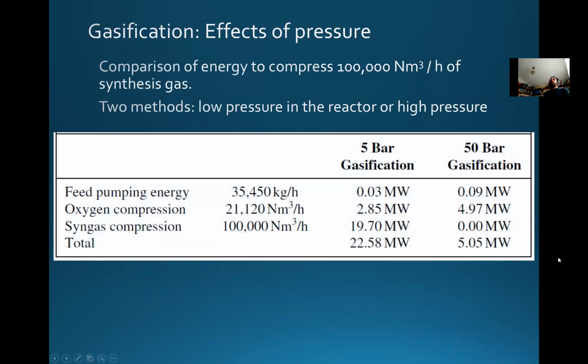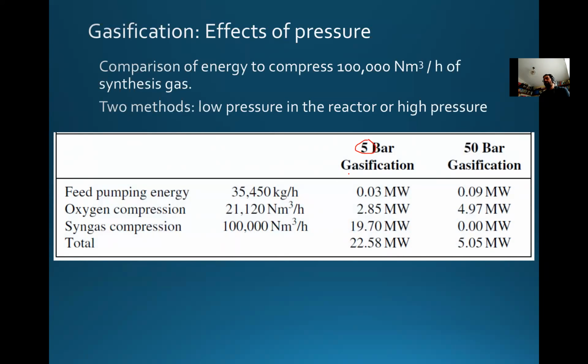Okay, so many times we could say that we're using too much energy, for example, to raise the pressure inside of the gasifier, right? But here we have a comparison between the same system with two different pressures. In the first one, we use a pressure of 5 bar.